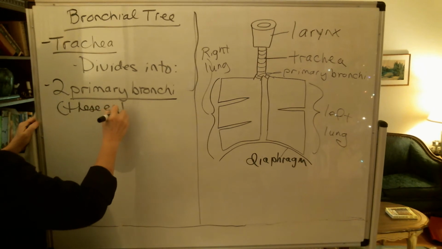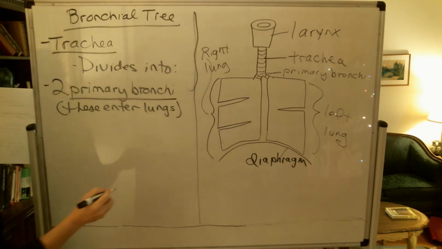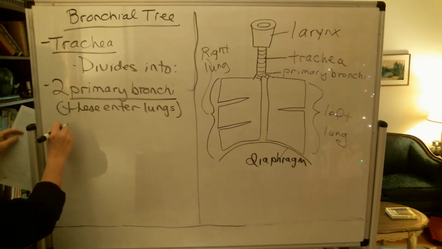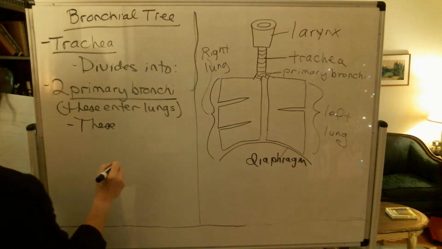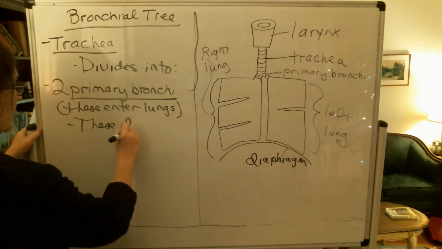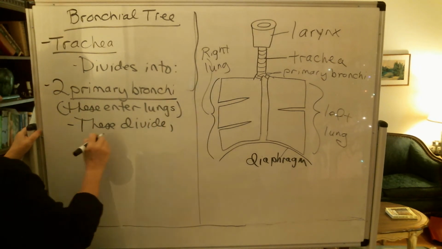So these enter the lungs. And the two primary bronchi then divide and subdivide.